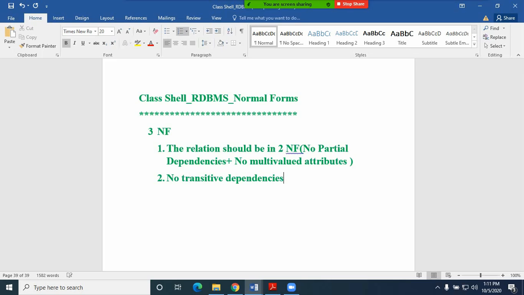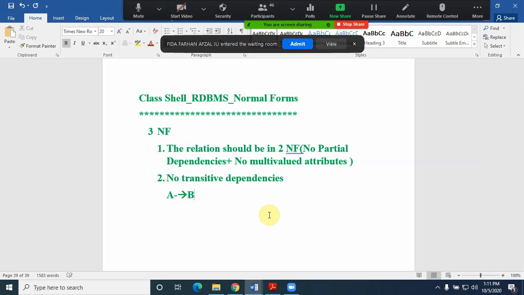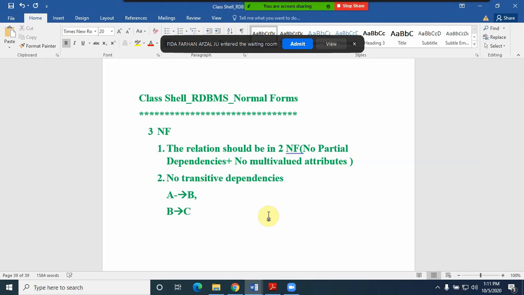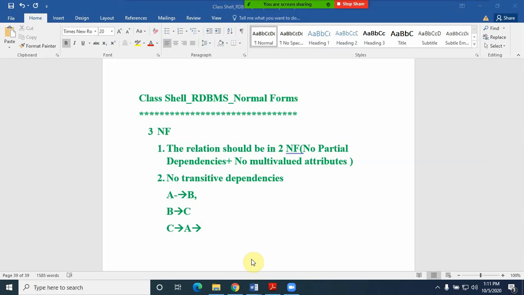The second thing is no transitive dependencies. What do you mean by transitive dependencies, friends? A determining B and B determining C, and if again C determines A, that is a transitive dependency, which should not be allowed, friends. A to B, B to C, and C to A, this is what you call a transitive dependency.